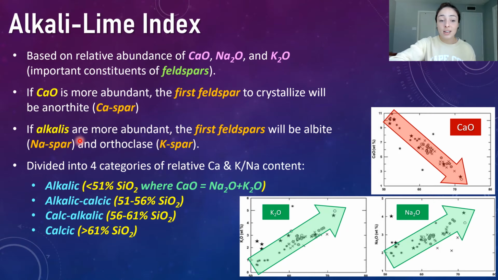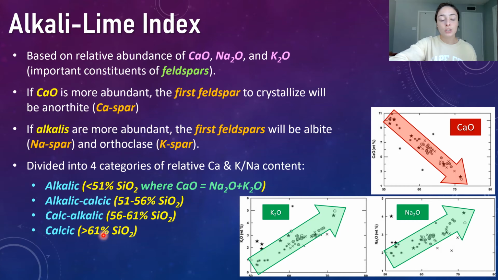And if alkalis are more abundant, the feldspars that form first will be albite and orthoclase, or sodium feldspar and K-spar, or potassium feldspar. And the resulting rocks can be classified into 4 different terms. These terms include alkalic, alkalic-calcic, calc-alkalic, and calcic.